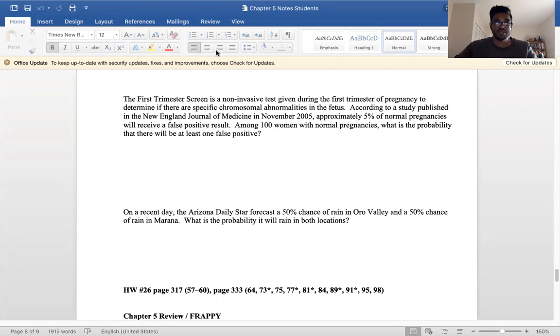Okay, last question. So here we're looking at positive results in a non-invasive test given in the first trimester of pregnancy. And so we want to find the probability of at least one positive.